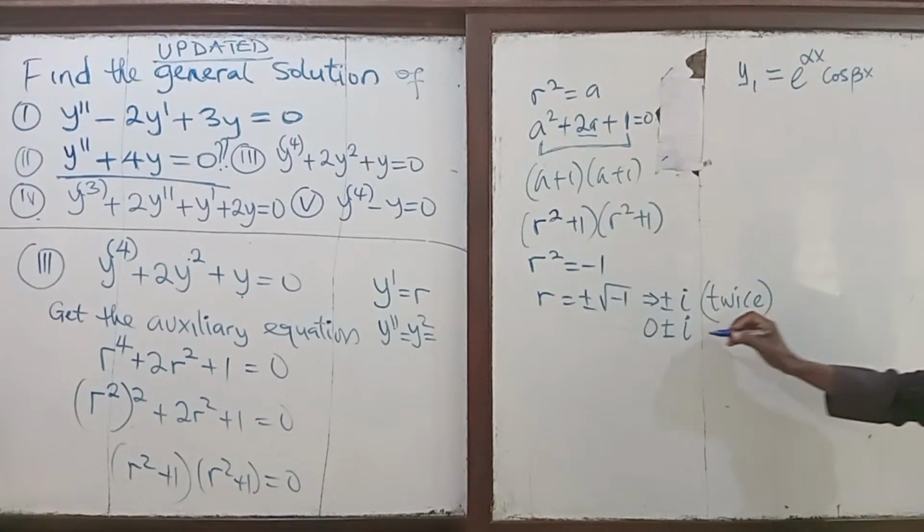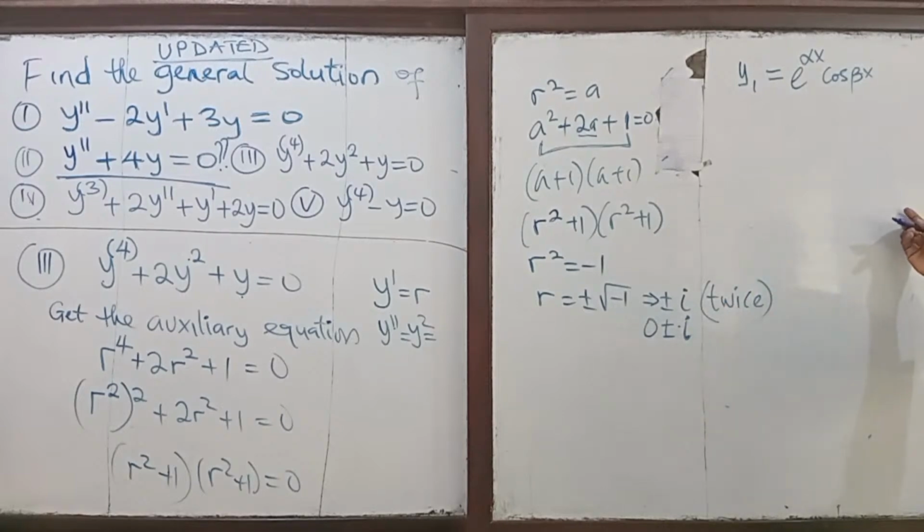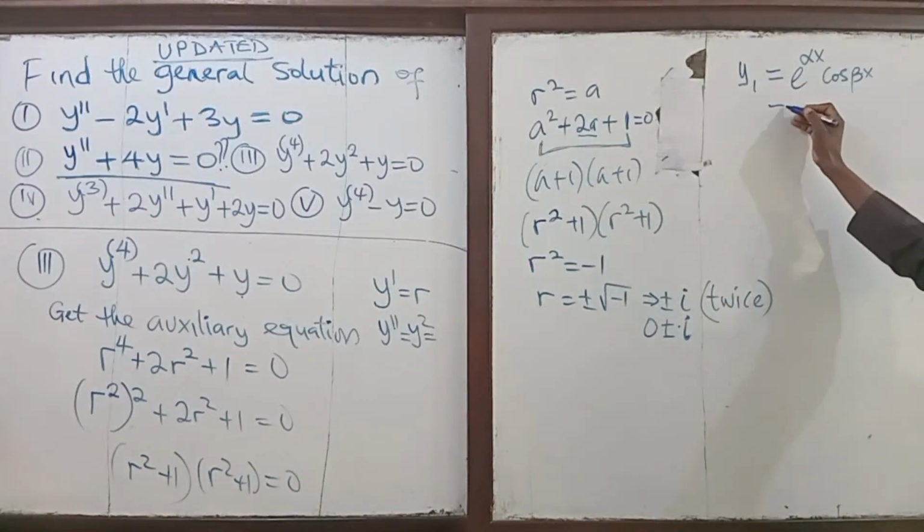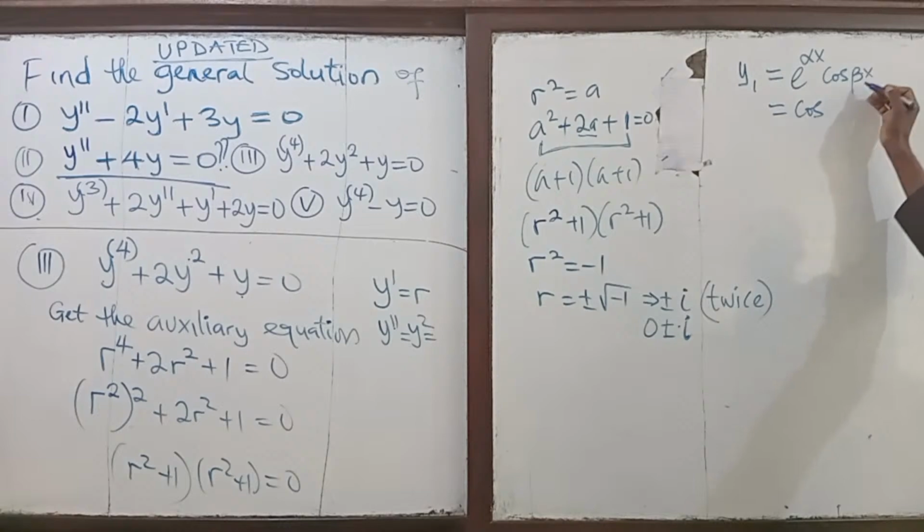Your beta is just the attachment to your i, which is 1 in this case. Okay, so alpha is 0, anything to the power 0 is 1. So you just have your y1 as cos x, since your beta is 1. Your y2 will definitely be what? If you do the same thing, that will be sine x.